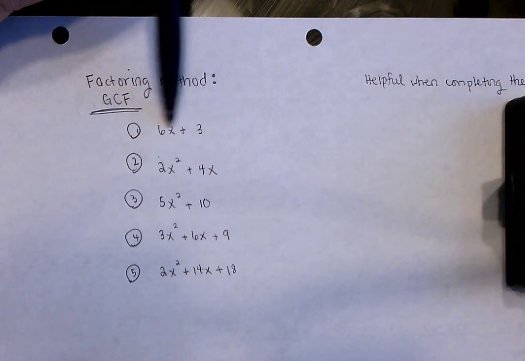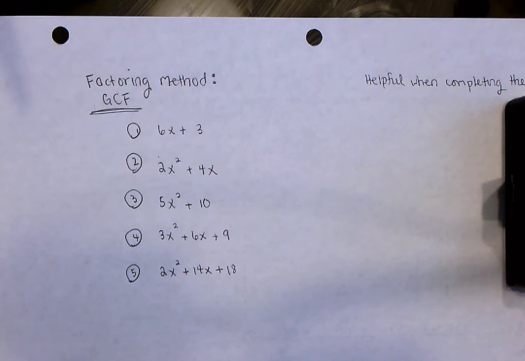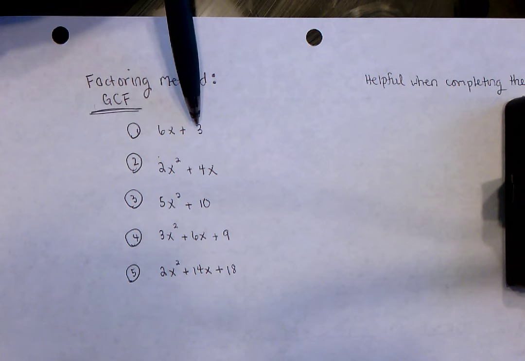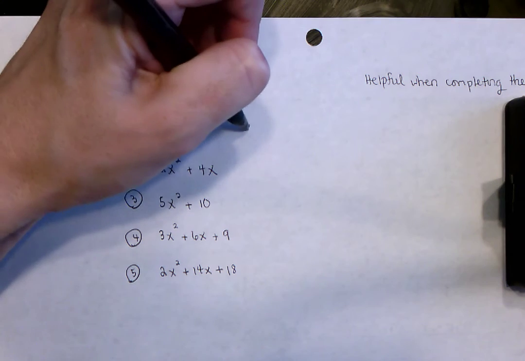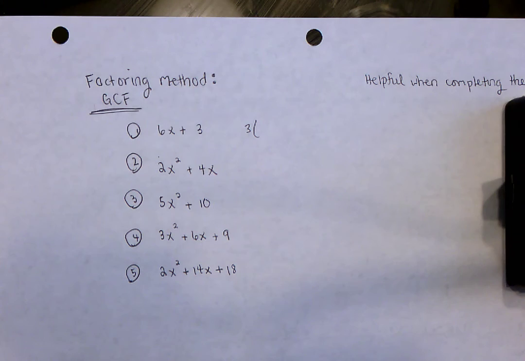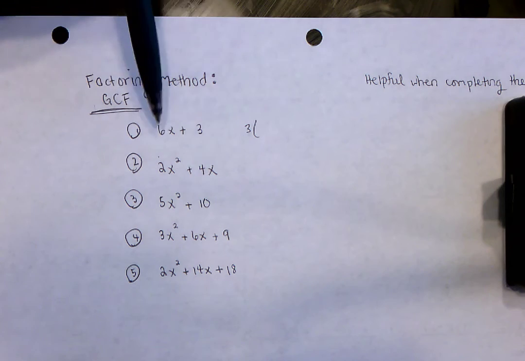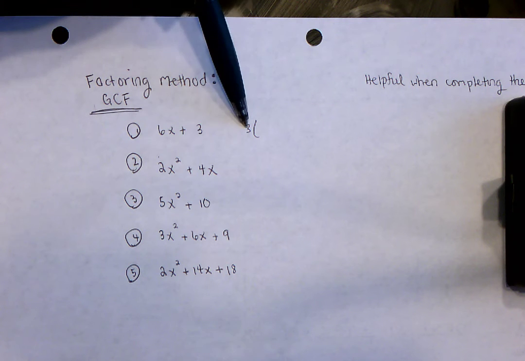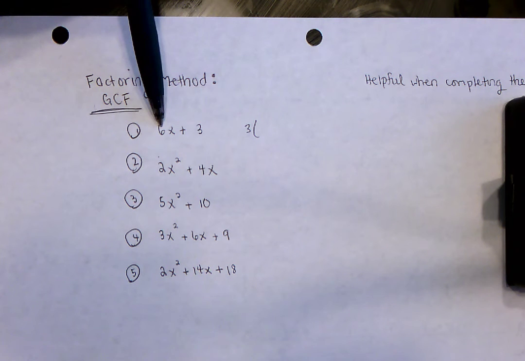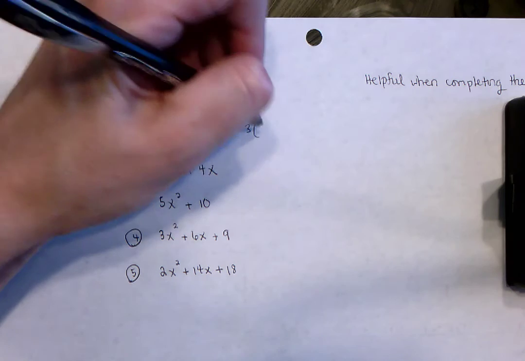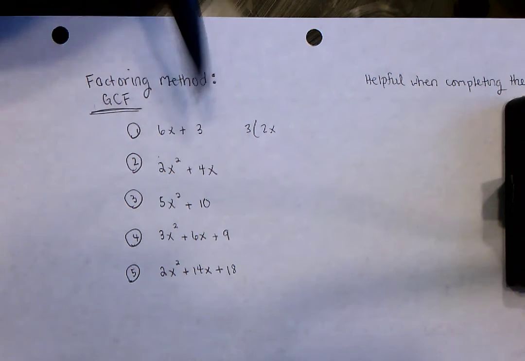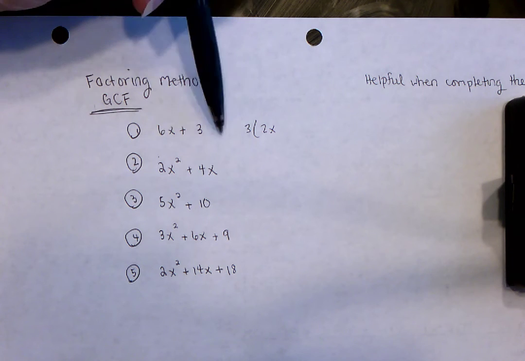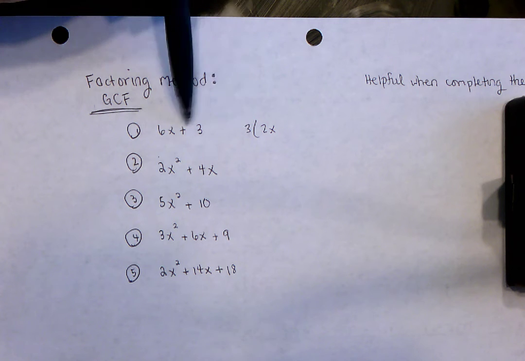So if we look at this first example, what's the biggest number that divides evenly into 6 and 3? A 3 does. So if I bring that out in front, I can think, what number times 3 gives me 6x? 2x. So I write the 2 in there. It's almost like taking the 6x and dividing it by what they have in common here.